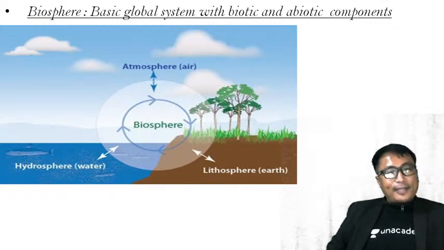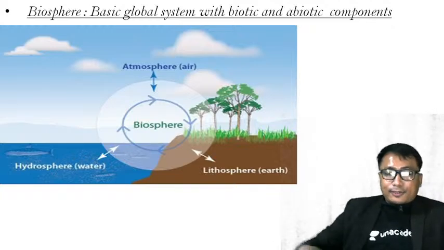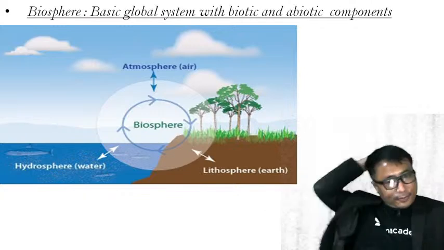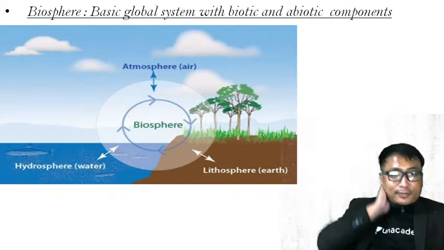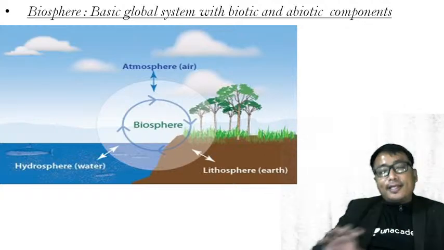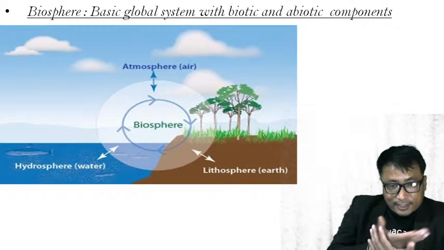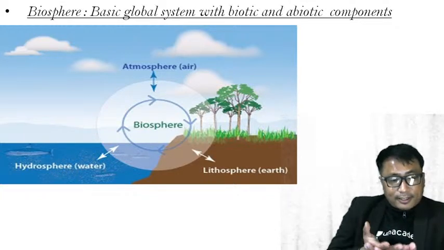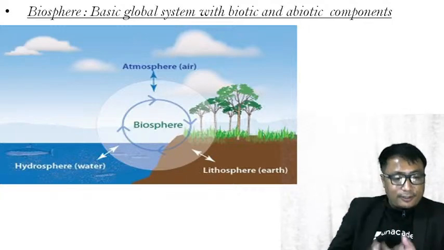They all combine together to form this biosphere. This is one of the basic units that we are going to discuss under our environmental geography. That's why we are just constructing the base over which we are going to discuss environmental geography.